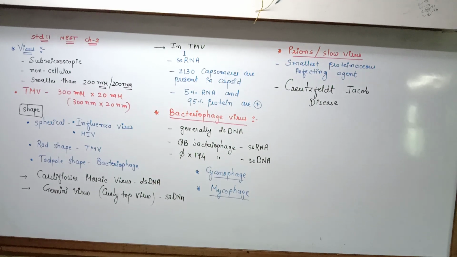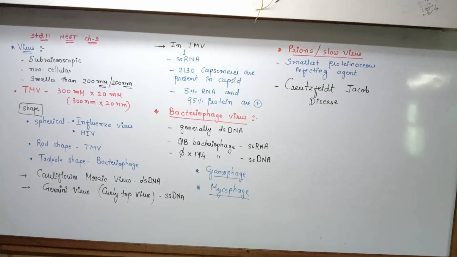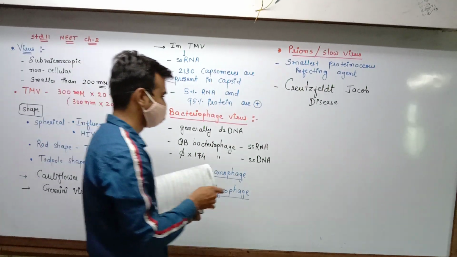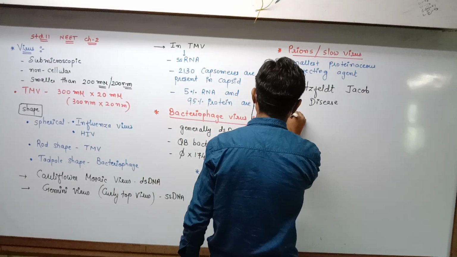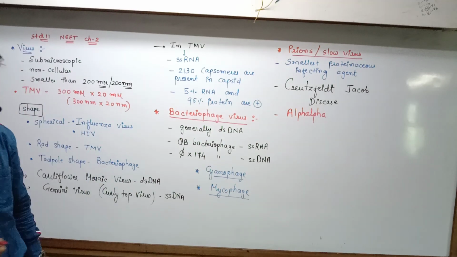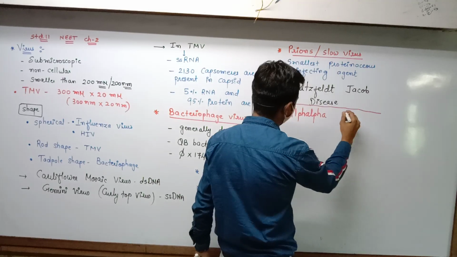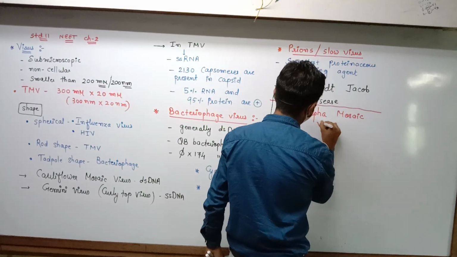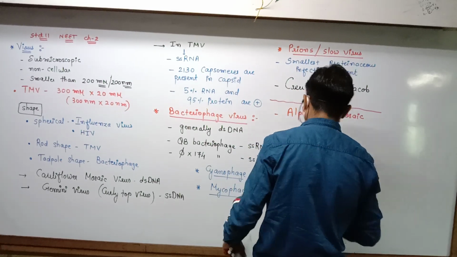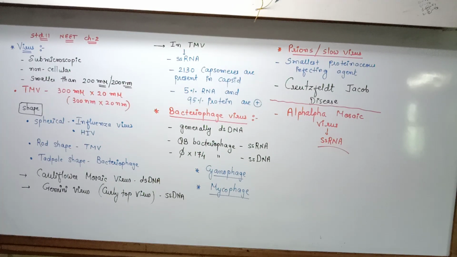Alfalfa mosaic virus, which was the infection in the alfalfa, has ssRNA present. Prions is over. Okay, now here I can stop now.